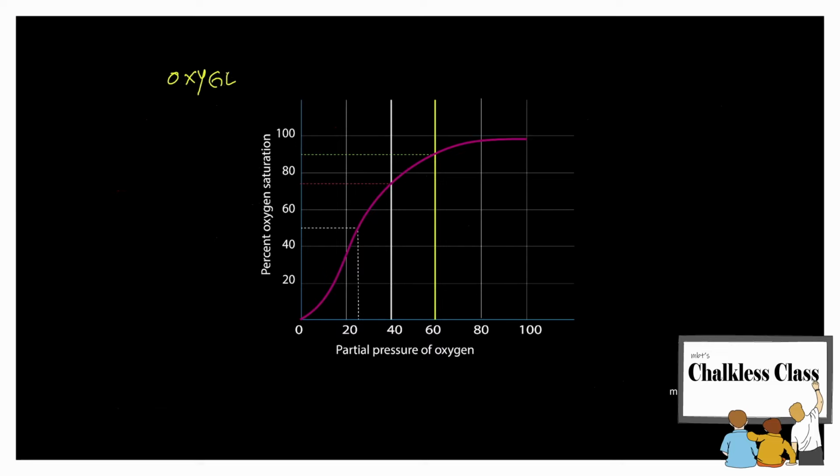I'll write here: the graph drawn by taking the partial pressure of oxygen and percent oxygen saturation is called the oxygen dissociation curve. This oxygen dissociation curve is a sigmoid curve, an S-shaped curve. In this curve, we can find two parts. One is the flat region, the plateau region, and it indicates the hemoglobin saturation at alveolar capillaries.